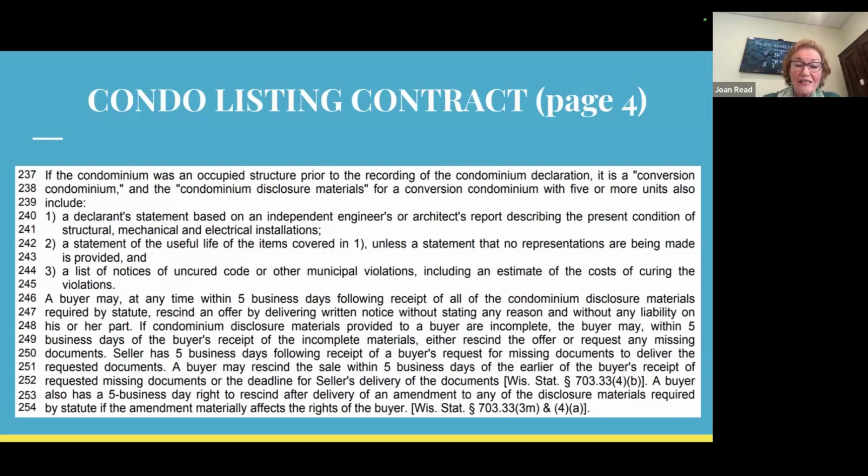Now the seller has an additional 5 business days following receipt of that request for missing documents to deliver these added documents. A buyer may rescind the sale within 5 business days of the earlier of the buyer's receipt of requested missing documents or the deadline for the seller's delivery of the documents.